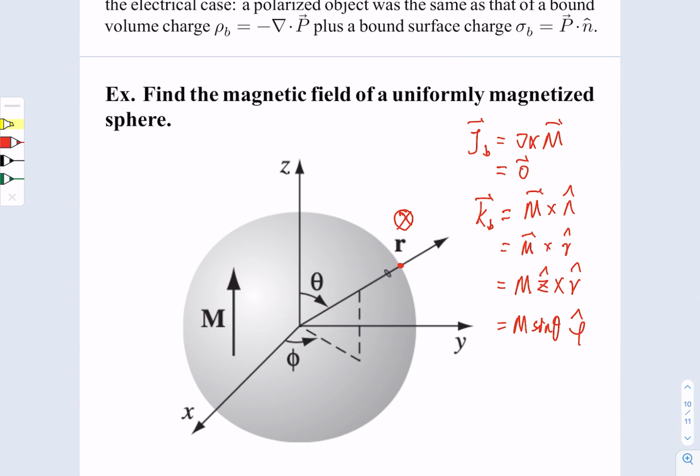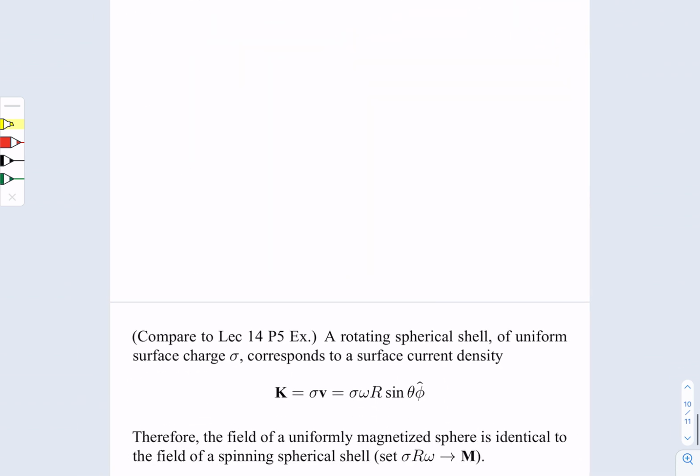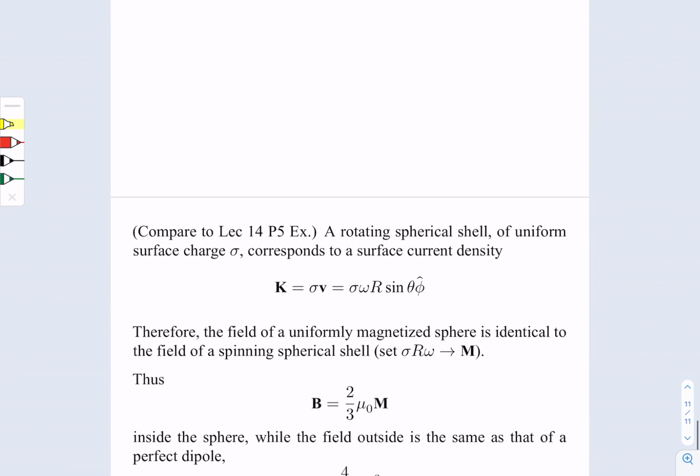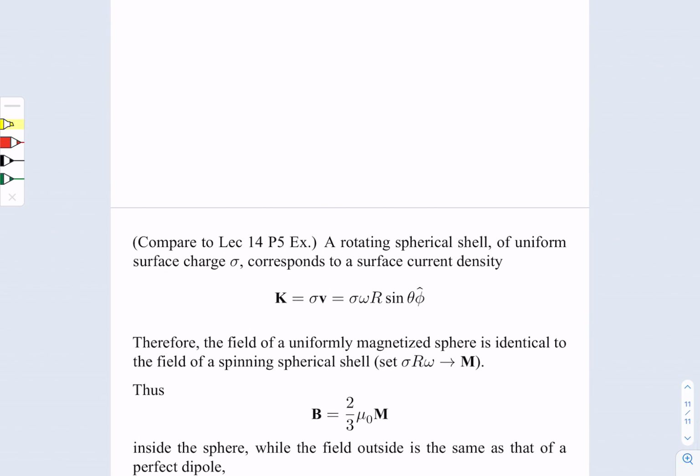So the exact mapping, let me see. Okay, it should be here. For a charged sphere moving with velocity v, the surface current is K equals sigma v.